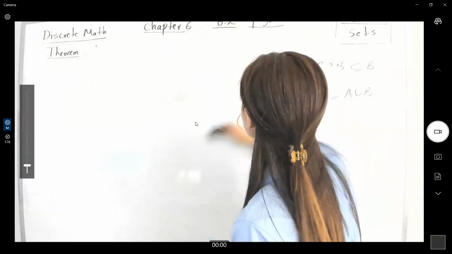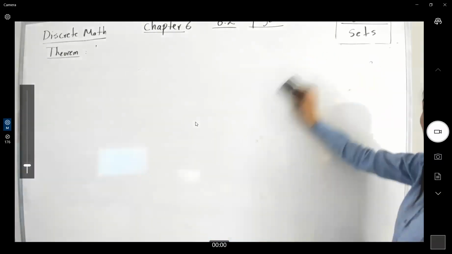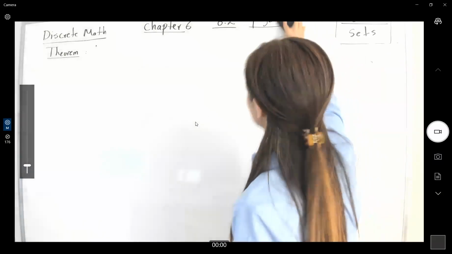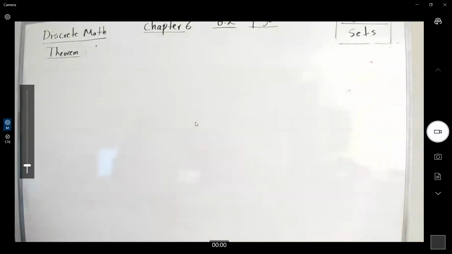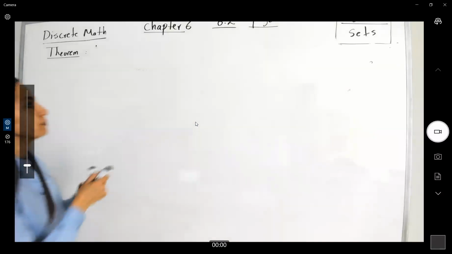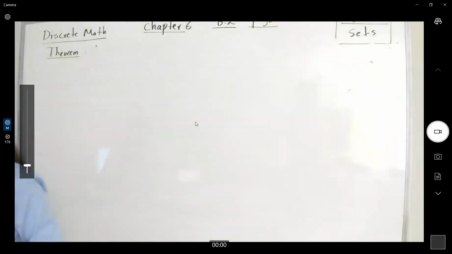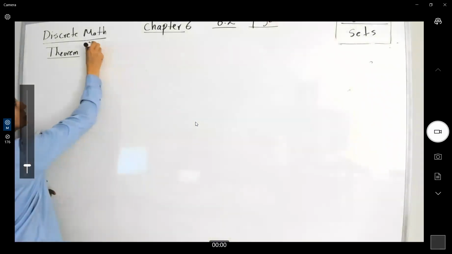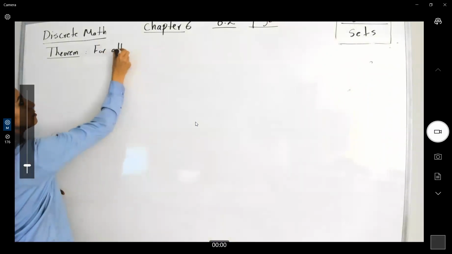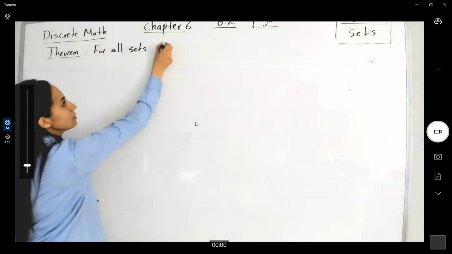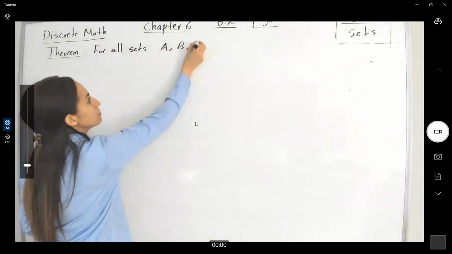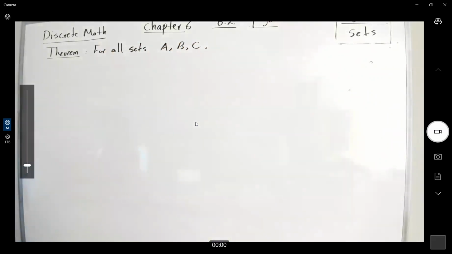How do we use the direct definition and the logic to prove this? Well, on page 4, we're going to prove for all sets like A, comma B, comma C, we have the following.